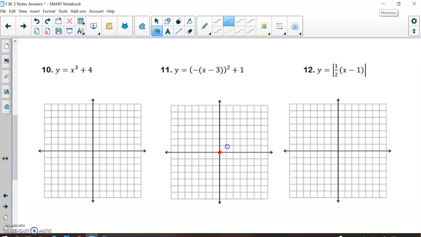My parent function is at (0, 0), (1, 1), (-1, 1), (2, 4), and (-2, 4). These are all the points for my parent function. Now what I'm going to do with this one is first reflect this over the y-axis. Reflecting this over the y-axis puts this blue point on top of this blue point here.